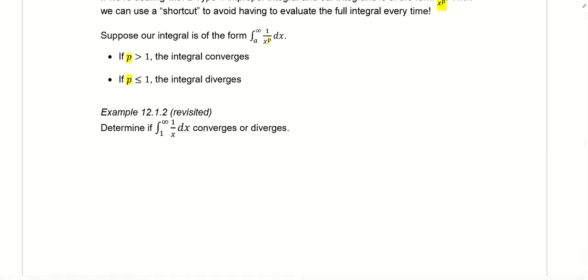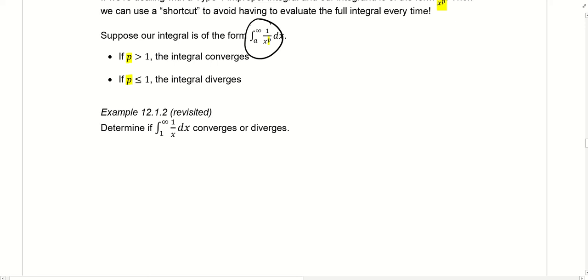So let's actually go back to that example where we want to just determine if this integral of 1 over x converges or diverges when we're integrating from 1 to infinity. So notice, this thing is actually of this form.